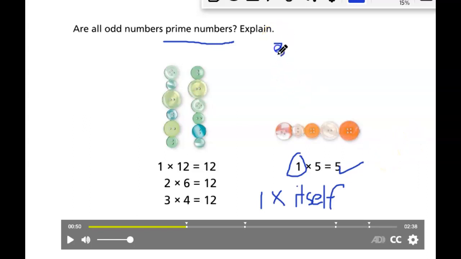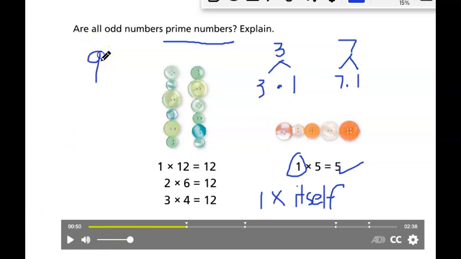The next one is 3. 3 times 1 is only 3. So the factors are only 3 times 1. What else? Maybe 7. What are the factors of 7? 7 times 1, right? Before, who said that the number is 9?